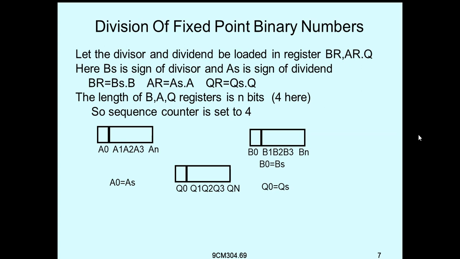I told you already that in the multiplication operation we use one thing, the sequence counter. The sequence counter determines how long the system performs the successive subtraction and shift operations.